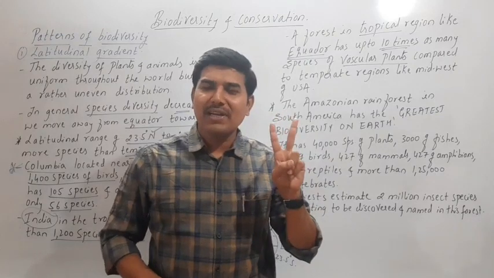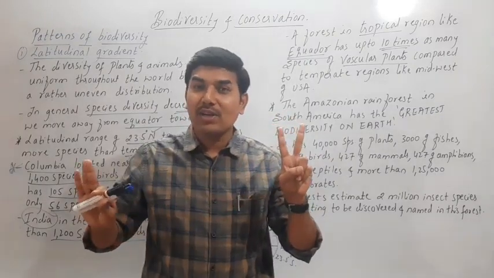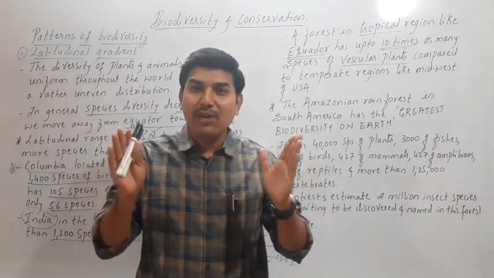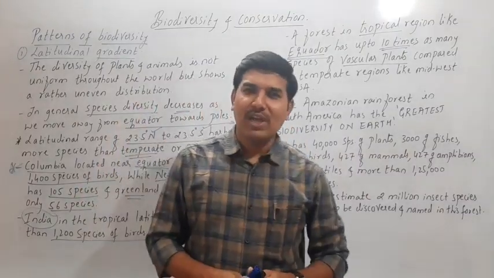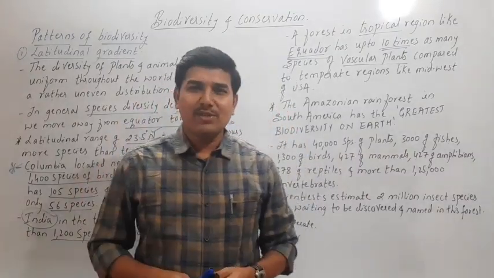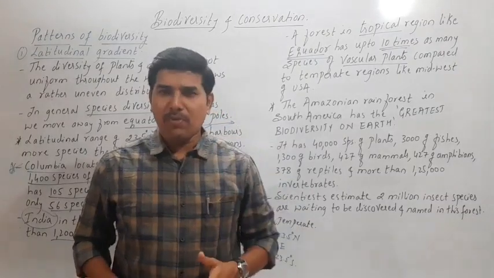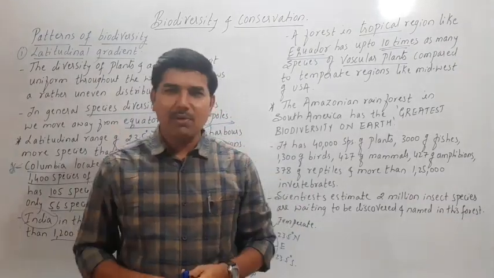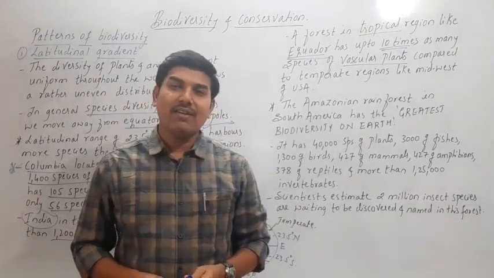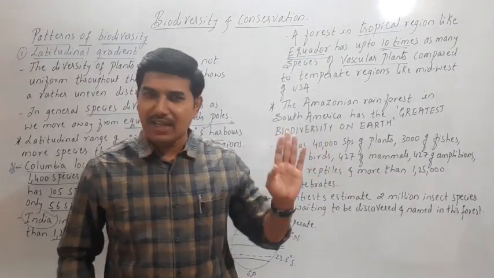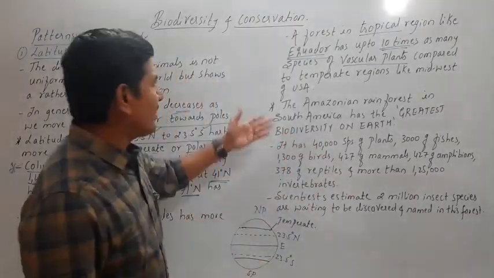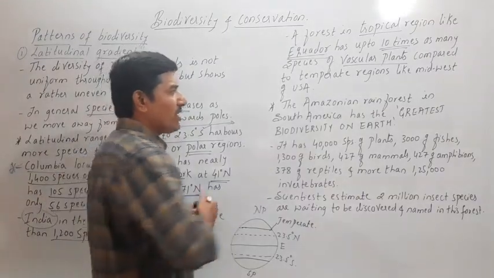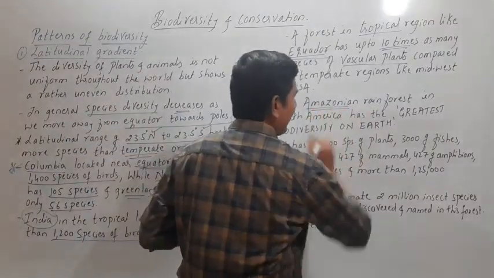Both extremities do not give a habitat for species to survive. That's why optimum means if the temperature is suitable for the organisms, they can survive and flourish like anything. Okay, then let's go to the next one, the biggest forest, the Amazon rainforest.